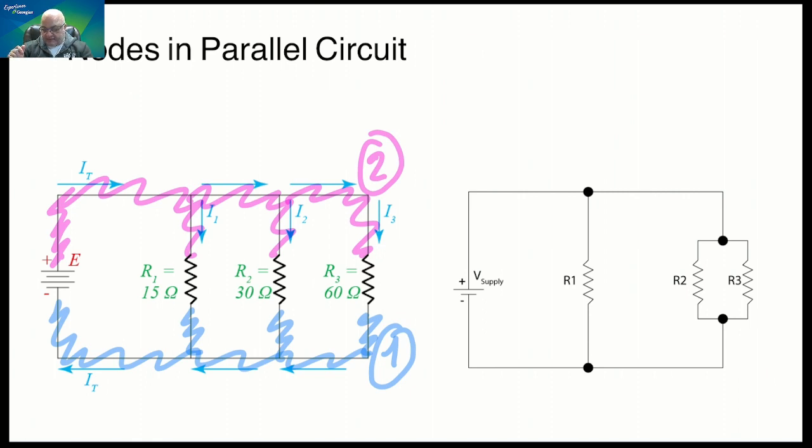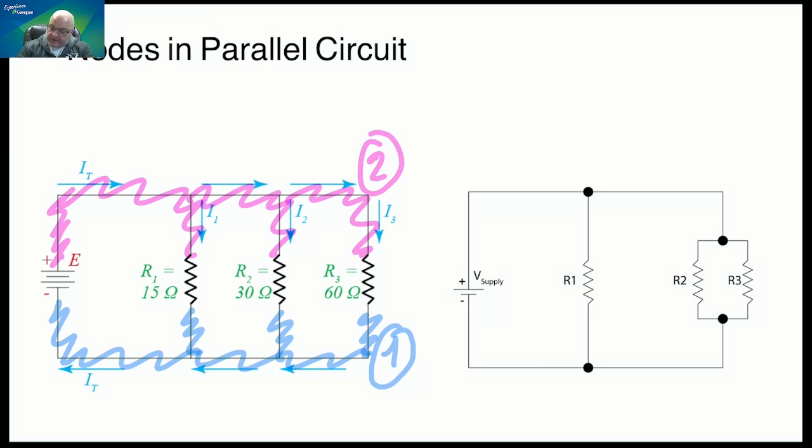Everything in this node here is going to be the same voltage, and everything in this node here is going to be the same voltage. So basically, in a parallel connection, the resistors share one node at one end and another node at the opposite end. That's the definition of resistors in parallel.